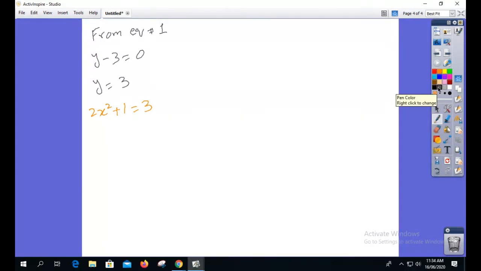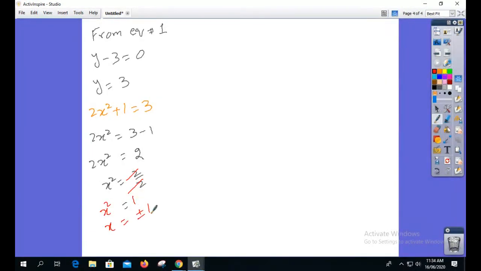After replacing, we calculate 2x square equals to 3 minus 1, which is equal to 2. X square equals to 2 by 2, which is equal to 1. X square equals to 1 and x equals to plus minus 1.